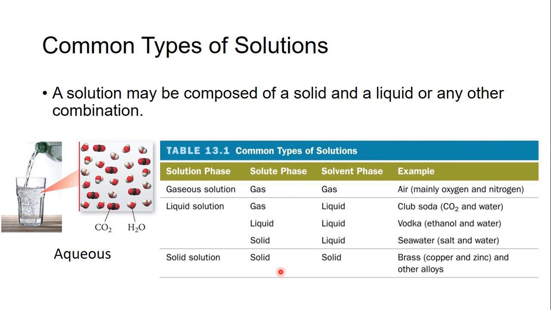And then a solid solution, usually we don't call solid solutions, but technically they are, where both your solvent and your solute are solid. Now, talking a little bit more about solutions. If your solvent is water, a lot of the times we will call that an aqueous solution. So if water is your solvent, it is aqueous solution.